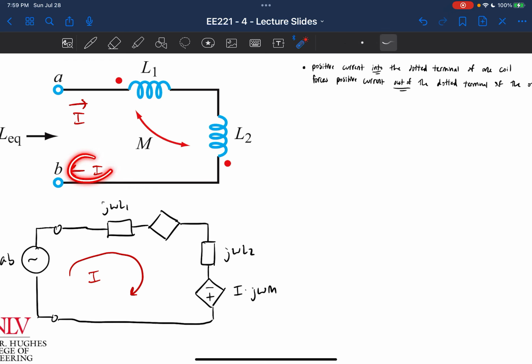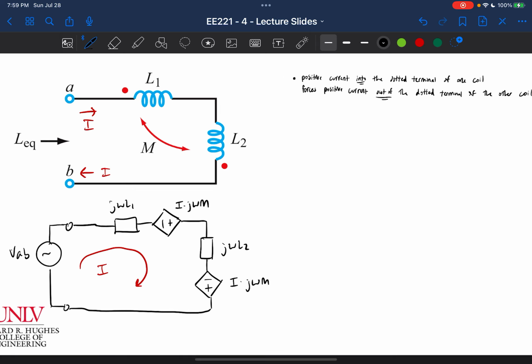My current I is exiting the dot. That's going to force a current into the dot of L1. How do I force a current into the dot of L1? I need current flowing in this direction in the circuit, which is equivalent to this down here. And that means I need a plus terminal on the right-hand side to force current out of that voltage source. And this, again, is going to be a voltage sized I times J omega M.